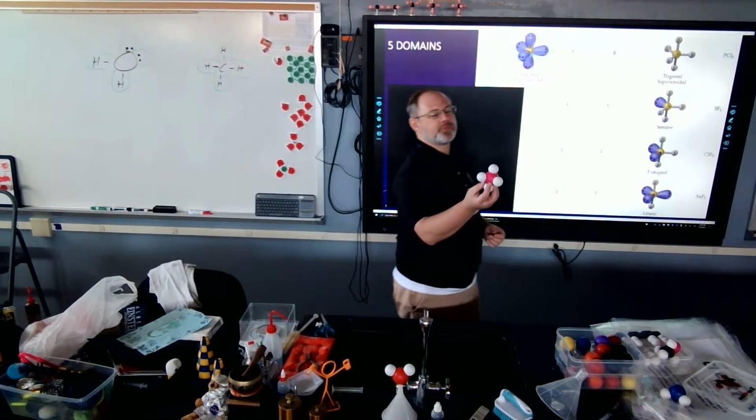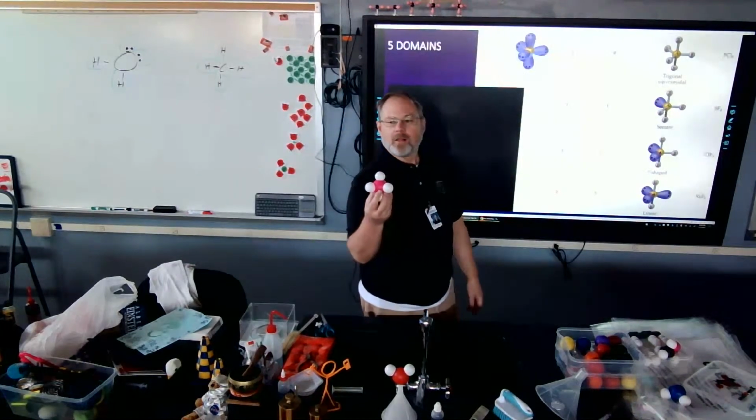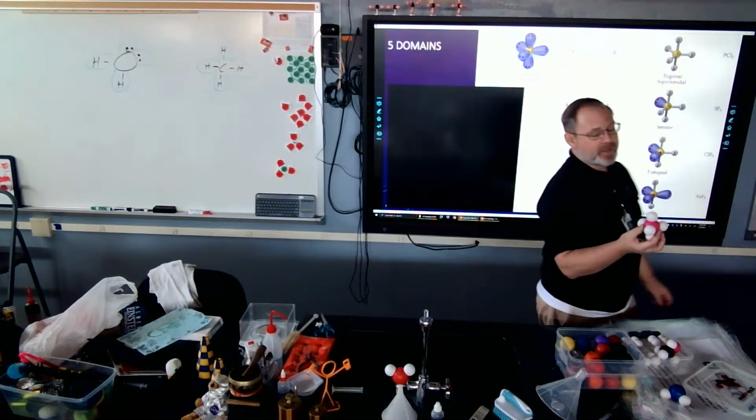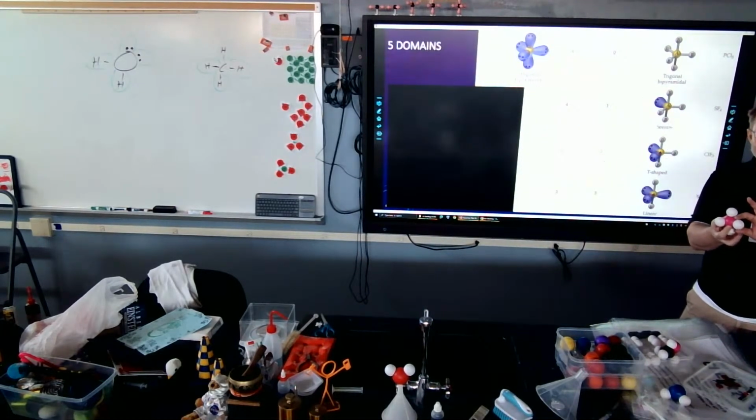Now, if you lose one, the domain that becomes an unshared pair is one of the equatorial domains, pop, and your geometry becomes seesaw.